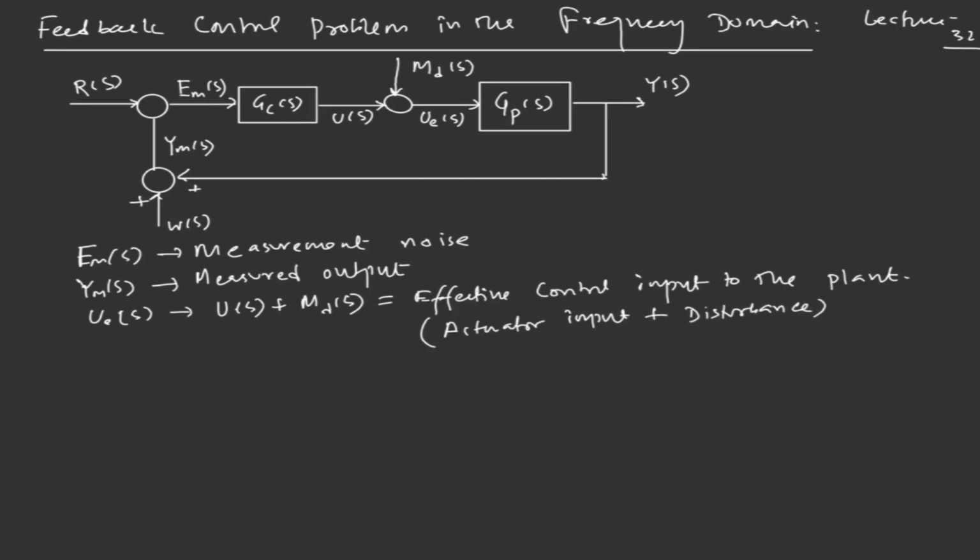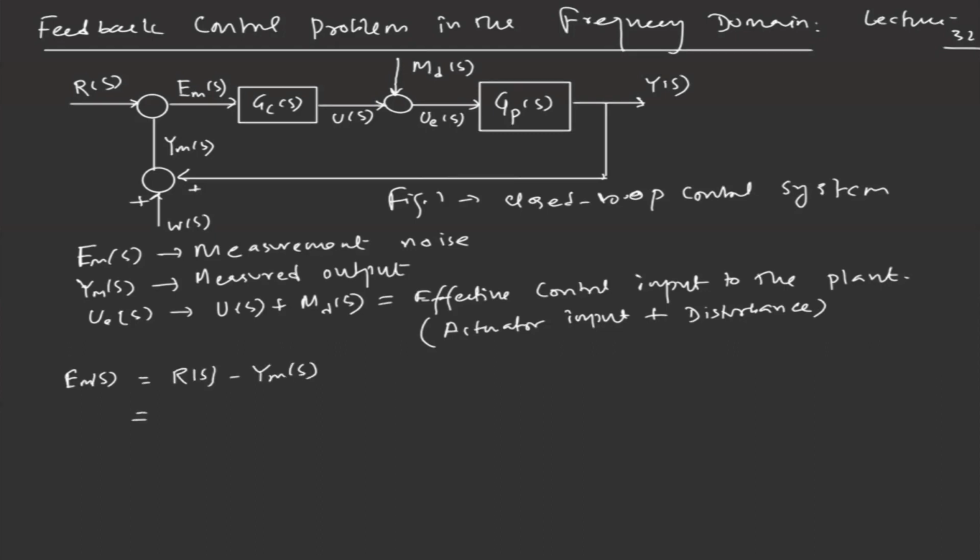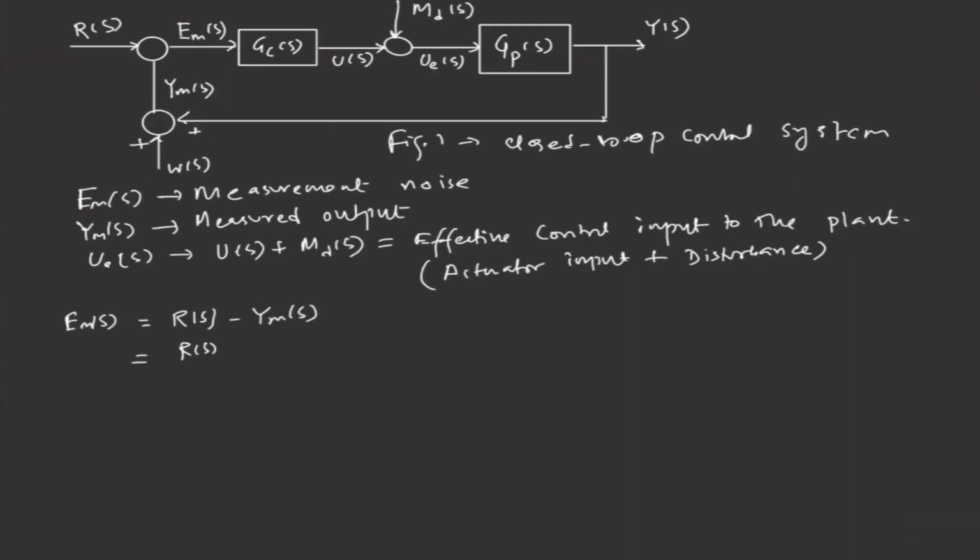Now, the measurement error we can write from the block diagram. Let me write, this is figure 1, closed loop control system. From figure 1, we can write the measurement error EMS as RS minus YMS, or RS minus YS minus WS.